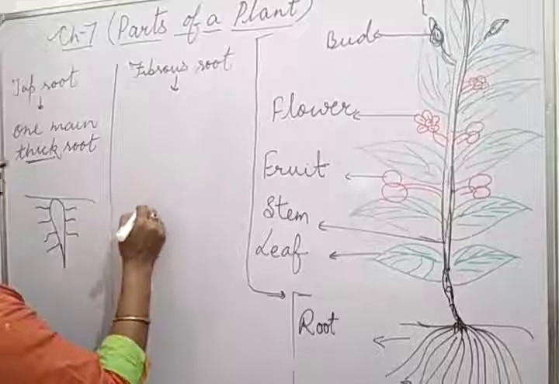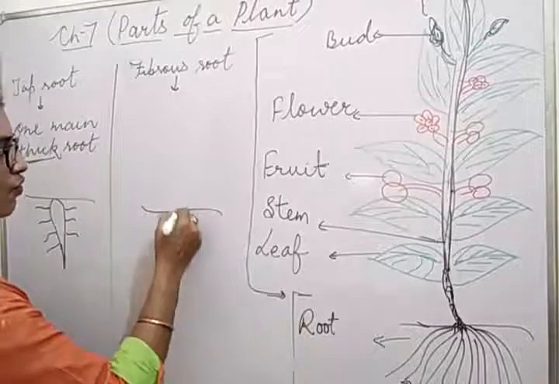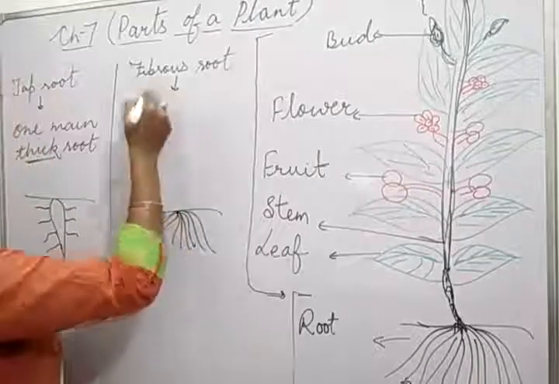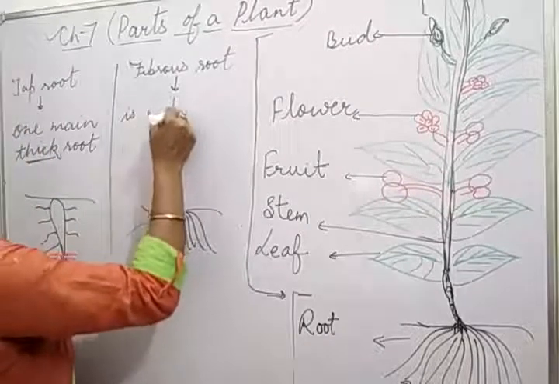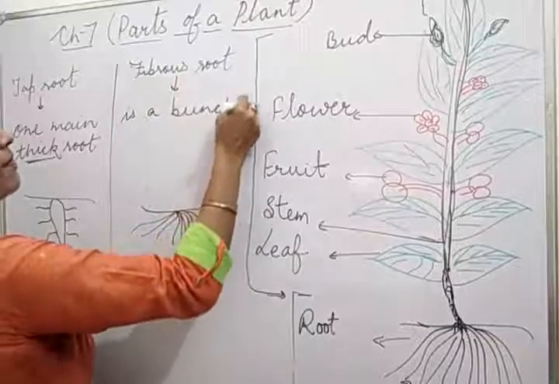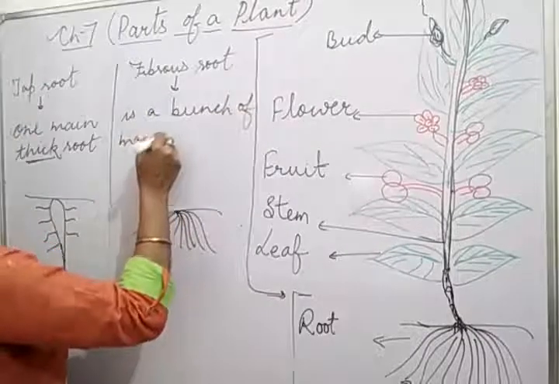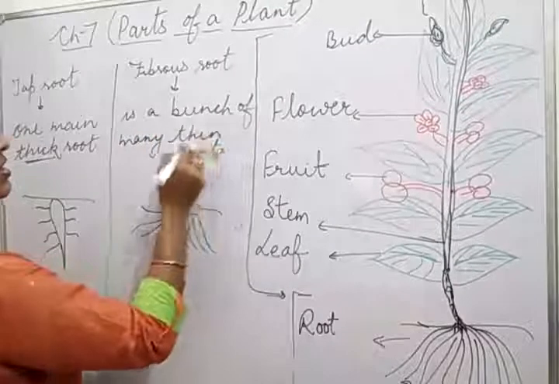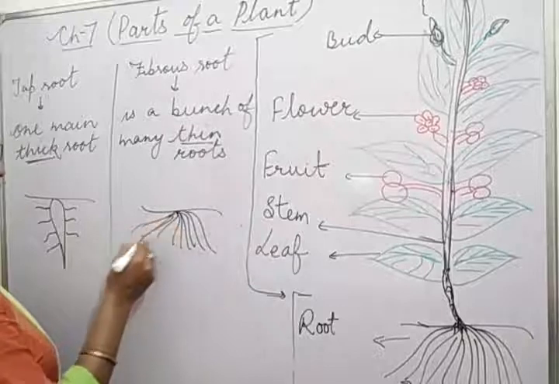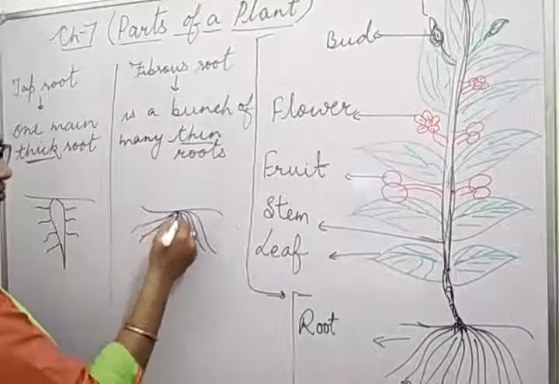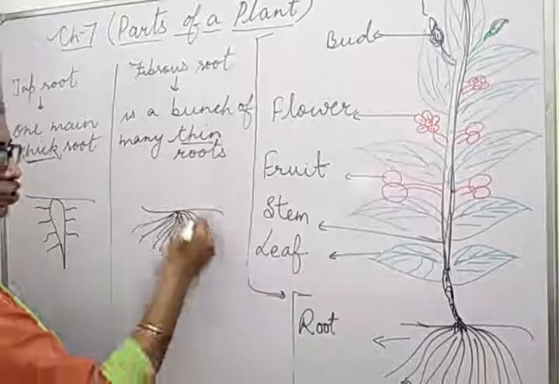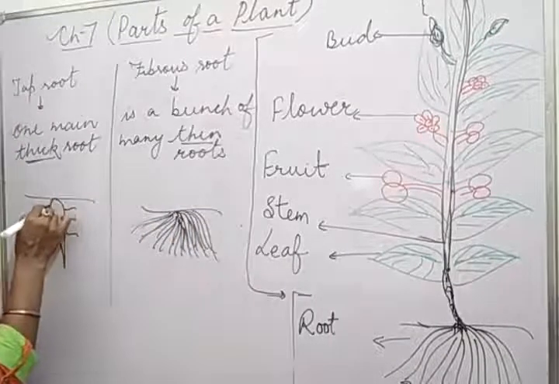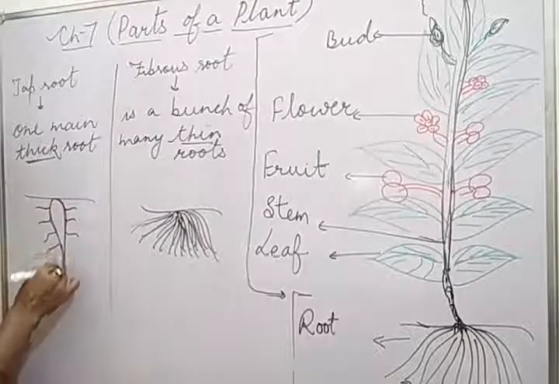And fibrous root is a bunch of many thin roots. थिन का मतलब होता है पतले पतले, बहुत सारे ग्रुप होता है इनका, एक पूरा बंच होता है, as you can see in fibrous root. And in taproot only one main thick root is there.